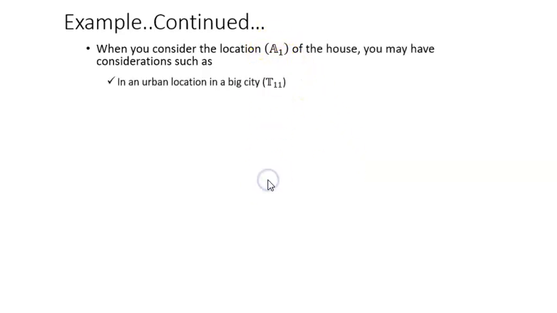Let us say we consider this attribute A1. For this A1, you may have several values, several threshold values.